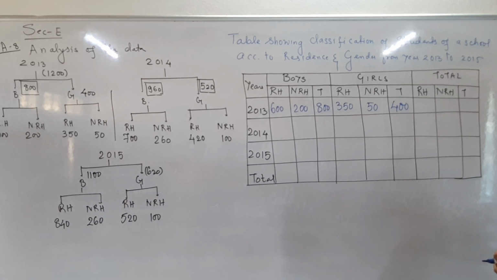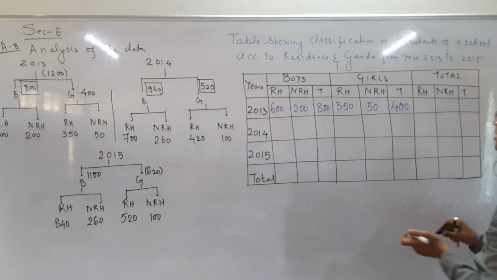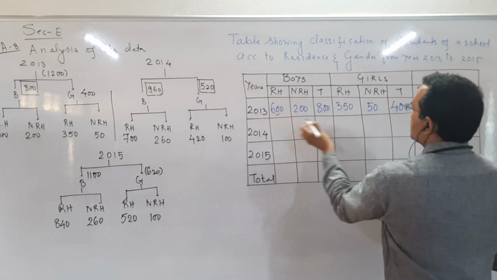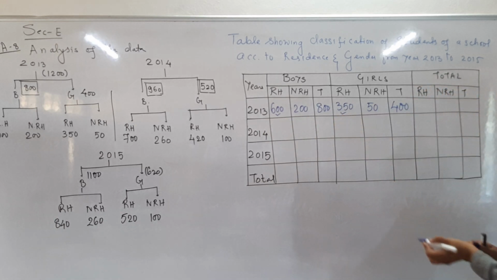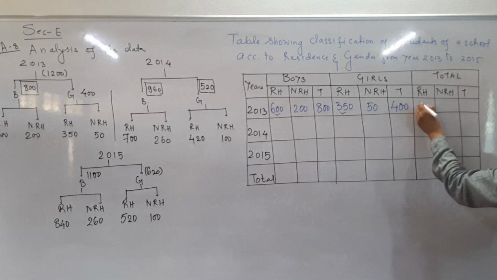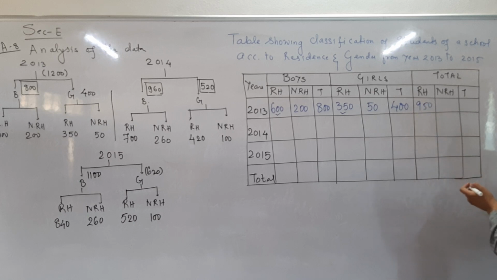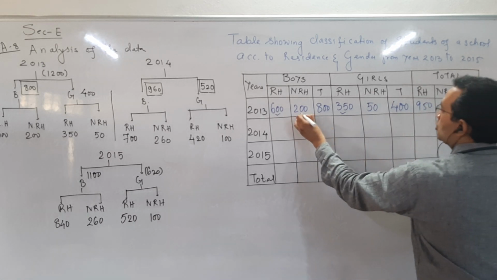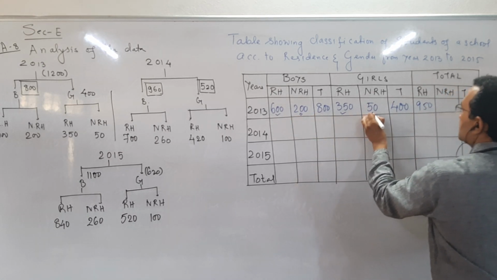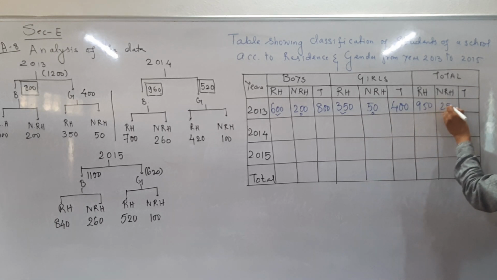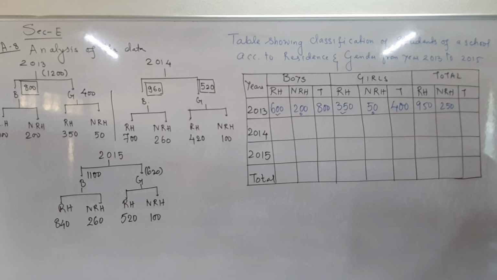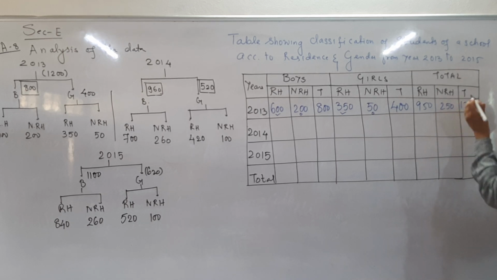Total of residing in hostel 600 plus 350, so 950, and not residing in hostel 200 plus 50, that is 250, and the total number of students in 13 was 1200.